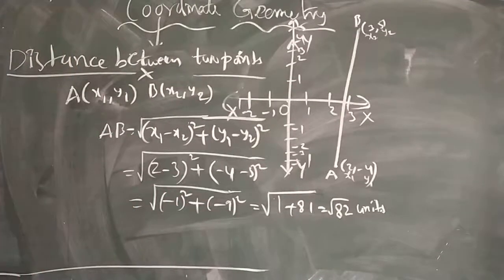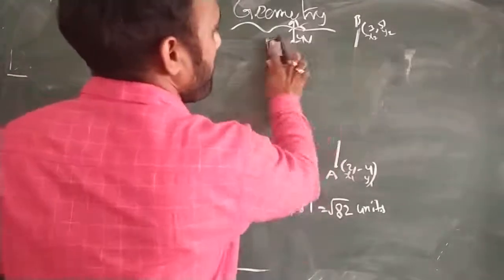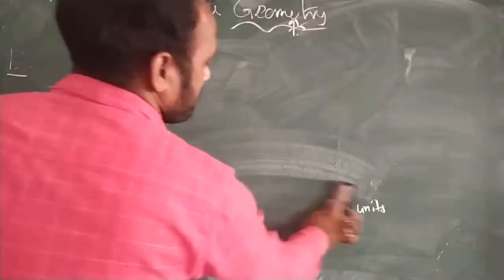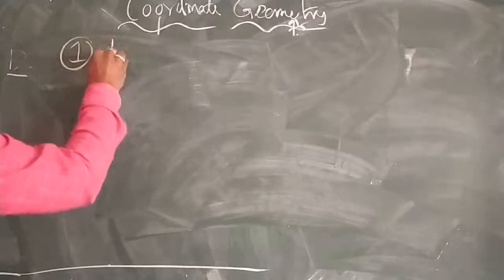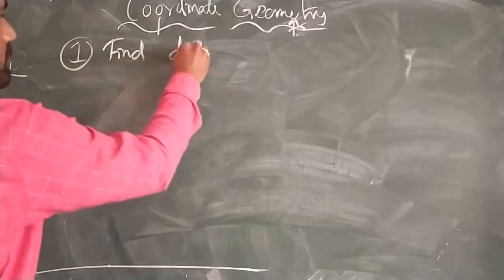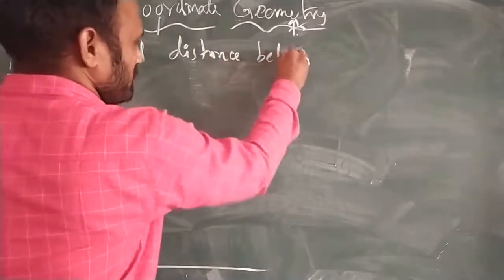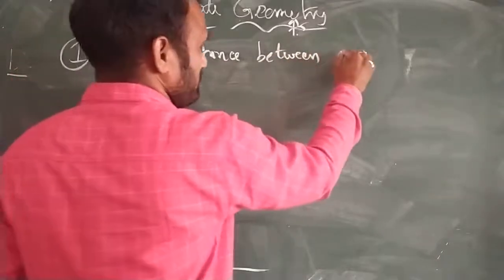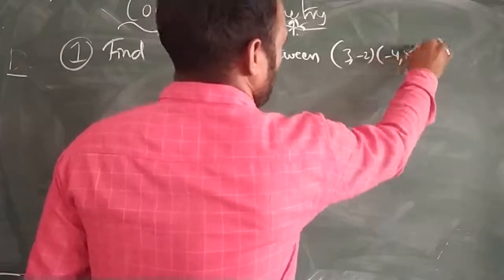So this is the formula which we will use for finding the distance between any 2 points. Let us take another question based on this. Find the distance between (3 comma minus 2) and (minus 4 comma 5).